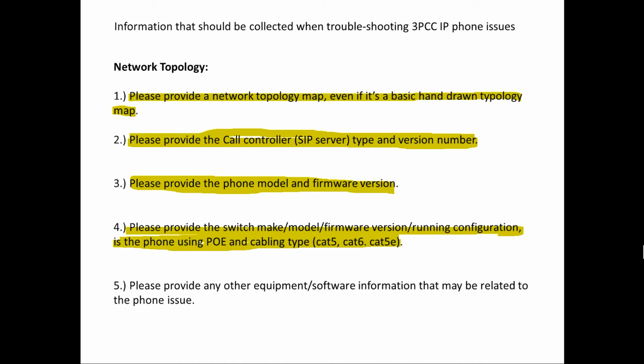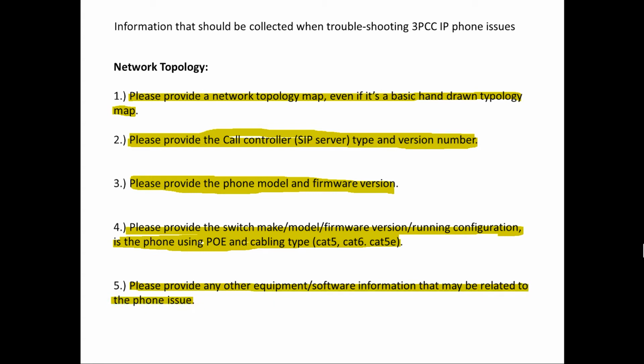Also cabling. If you have very old cabling with multiple insertion points between the actual phone and the switch itself, that can at times introduce different issues. The last item on this page, number 5: provide any other equipment or software information that may be related to the phone issue.